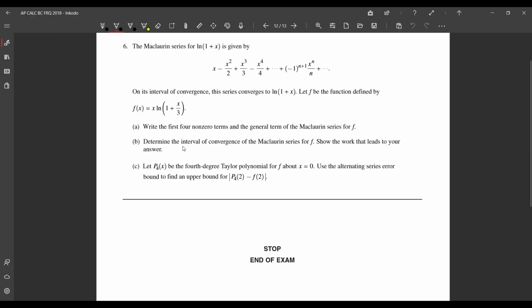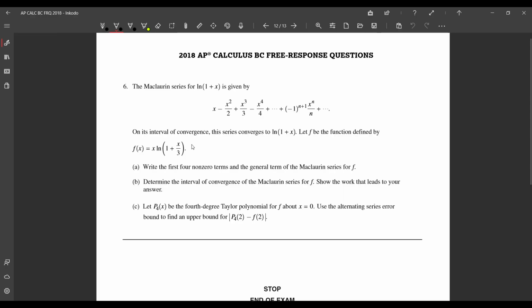All right, so A, I'm just going to do it up here again, just to save space, I guess. So what we can do is just plug in, right, we can use ln of 1 plus x, but we're substituting x over 3. So we have to make sure to put in x over 3 everywhere there is an x. So it's first 4 non-zero terms, so we can just do it like this.